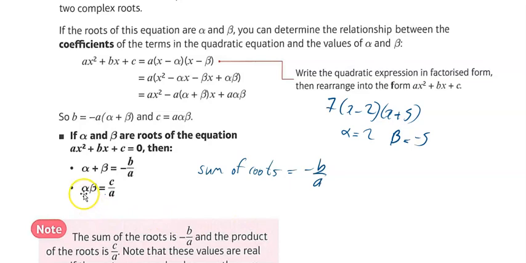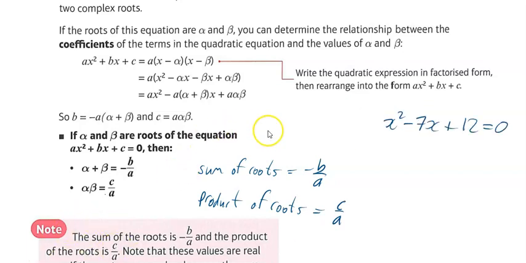And the same idea, alpha times beta, so that's the two roots multiplied together, is equal to c over a. So the product of the roots is equal to c over a.